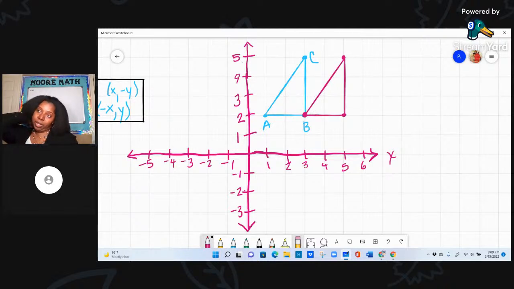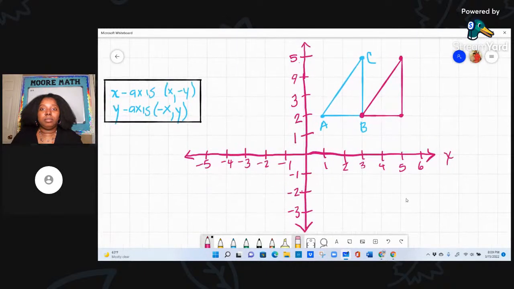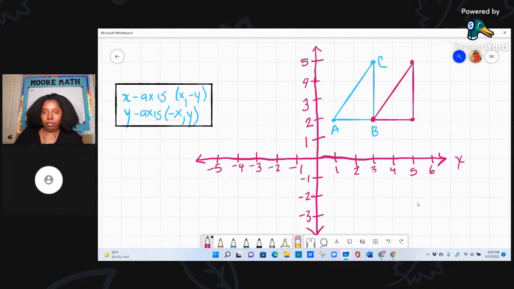How come not up or down or whatever? It's not a trick question because I said which way. Yeah, I said right. That was it.